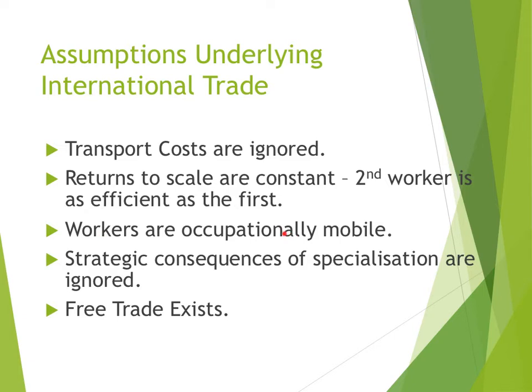We are also going to assume that workers are occupationally mobile. So when we're talking about the US and Brazil, the workers that previously were making clothes can just quickly swap to airplanes, which again we know is not always true. Strategic consequences of specialisation are ignored. When we're looking at strategic consequences, we're thinking about things like efficiency, and the fact that when you become specialised in one good, your workers become more efficient because they're focusing on that good.